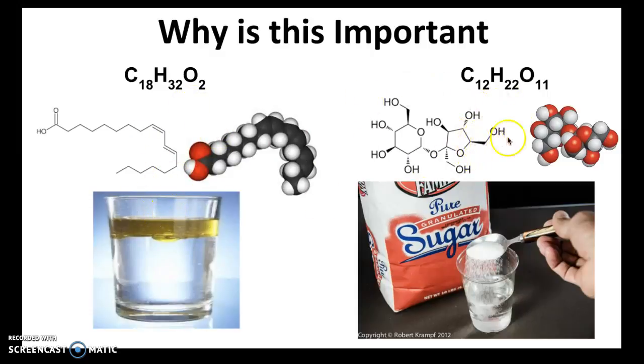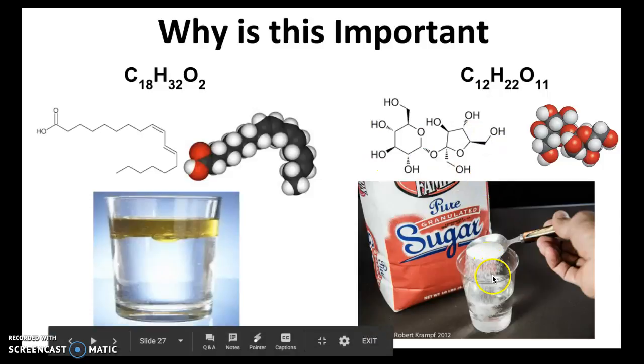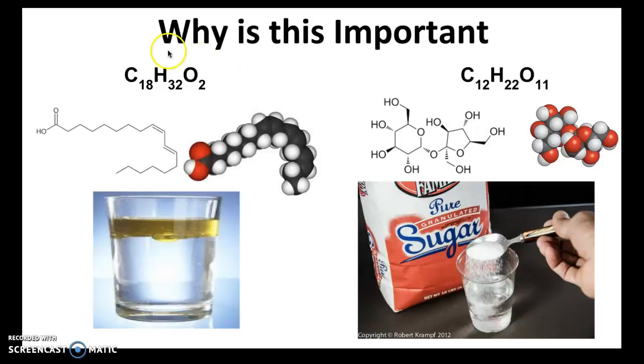Whereas this molecule here, which has a bunch of OH or hydroxide groups, probably will dissolve in water. So all of this is to say that the periodic trends help us to predict the bonding structure and then the three-dimensional structure, which can later help us predict certain properties of molecules. In addition, the periodic trends also help us to explain these properties as well.